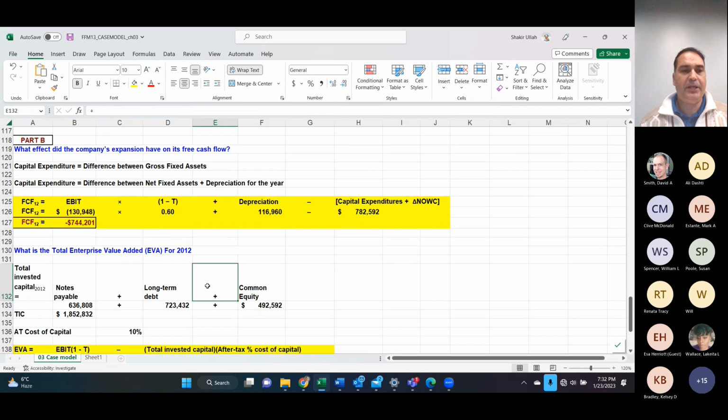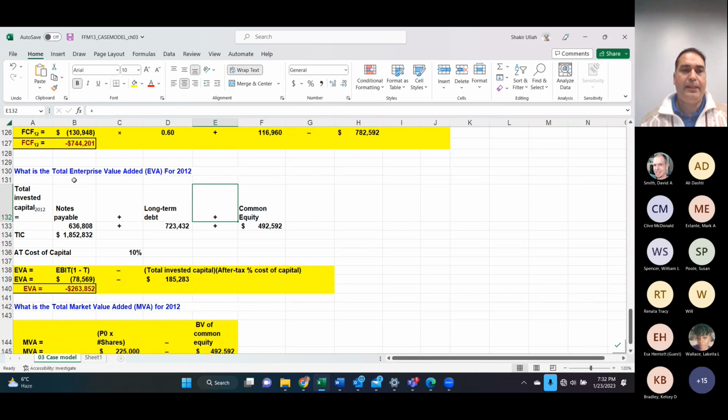Another question is the enterprise value added. So here's the formula for enterprise value added. We take the after-tax operating income and then we remove the cost of capital. Now, what do we mean by this enterprise value added? You've got an enterprise, okay?